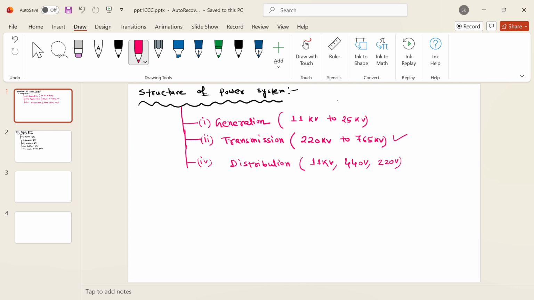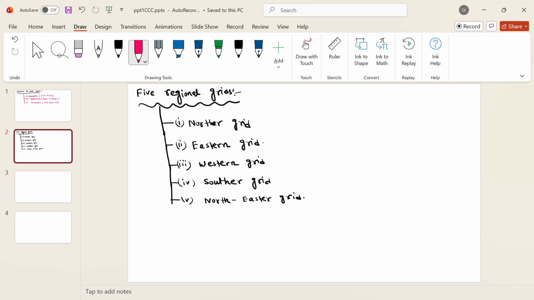Now, let me tell you something more. If I talk about India, we have five regional grids: first the northern grid, then the eastern grid, western grid, southern grid, and northeastern grid. These regional grids are also interconnected, and if you connect all five, they form a synchronous national grid.